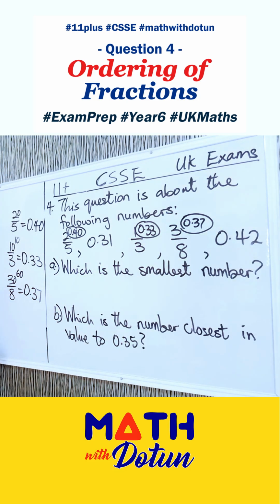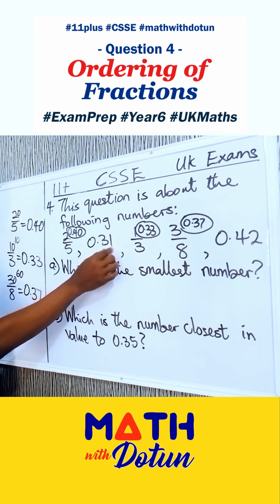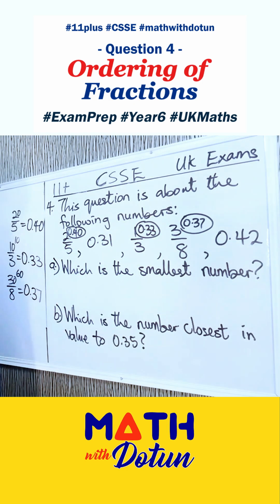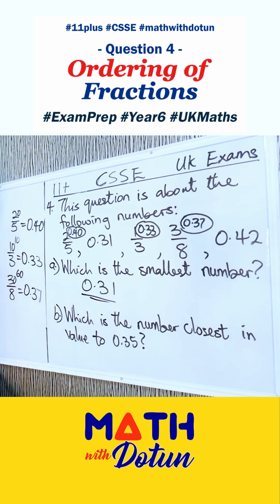So now, with these, we can easily compare and check which is the smallest number. Since all of them are 0.something, I could just say this is 40, 31, 33, 37, 42. So which one is the smallest? 31, right? So 0.31 is the smallest of them all. I believe you got the idea.